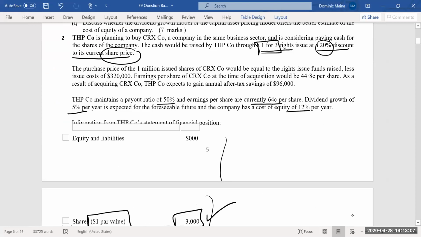So the purchase price of CRX will be equal to rights issue funds received less the issue cost of 320. Don't forget here the company incurred some issue cost.